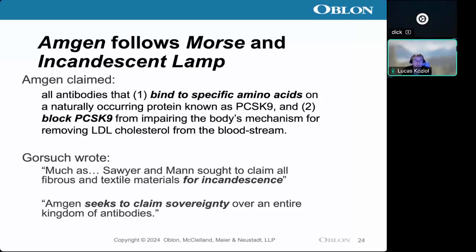Gorsuch found that, similar to the patent owners who tried to claim all fibrous plant materials for the function of incandescence, Amgen was trying to do the same thing here for all antibodies that bind to and block this particular natural enzyme. Allowing Amgen's claims would serve to chill the technology area of antibody research and potentially prevent future new antibodies from being discovered. It would also give Amgen legal ownership over potentially thousands of antibody structures that had not yet been discovered.